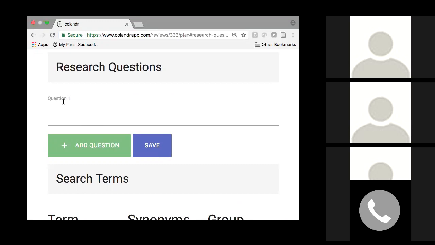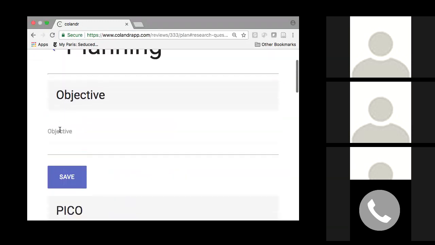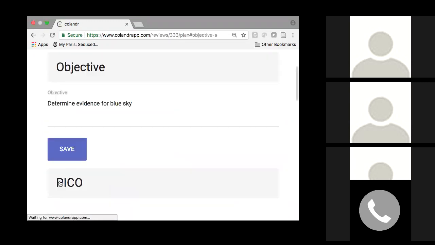Put it in your objective. Okay, so whenever you add something to a field in Calendar, just make sure you click Save afterwards. There. So now it's saved. So anytime you need to edit it, you can edit it. Just make sure you click Save.